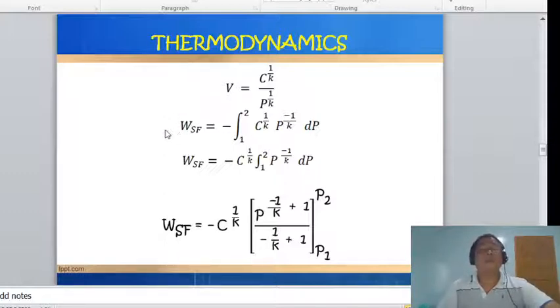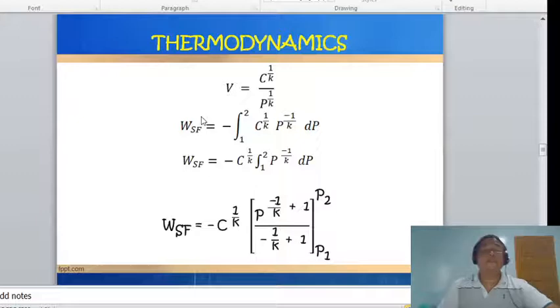Putting the constant outside the integral sign, that is now equal to negative C raised to 1 over k, integral of P raised to negative 1 over k, differential pressure.